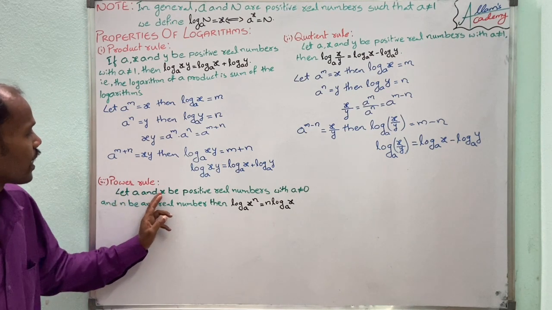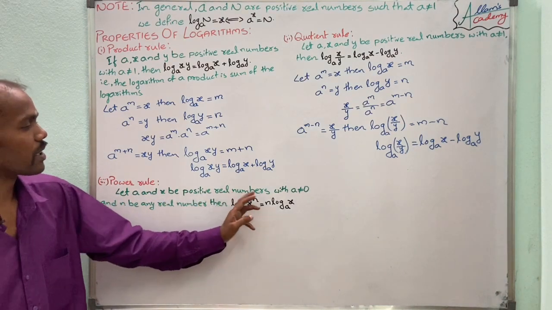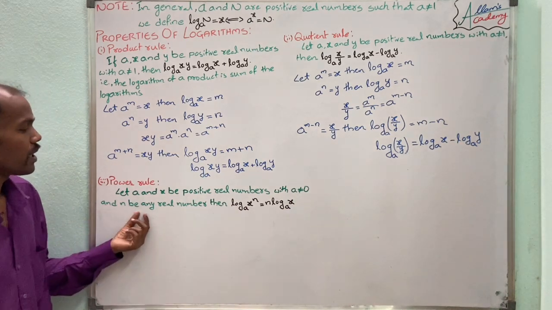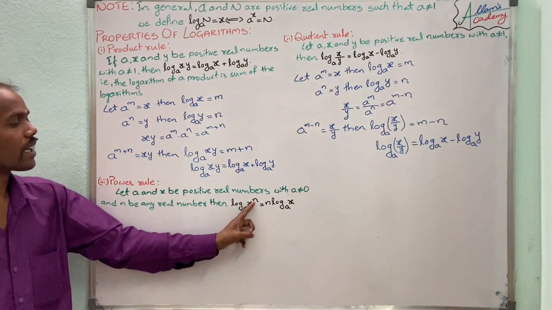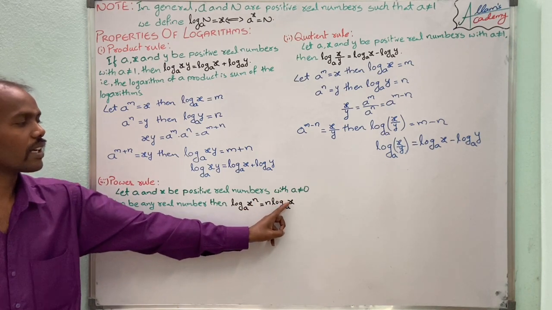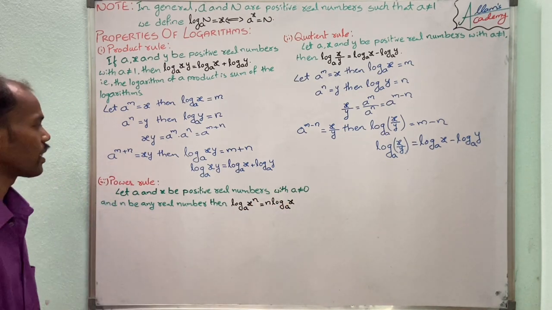Let a and x be positive real numbers with a not equal to 1, and n be any real number, then log x power n base a equals n log x base a.